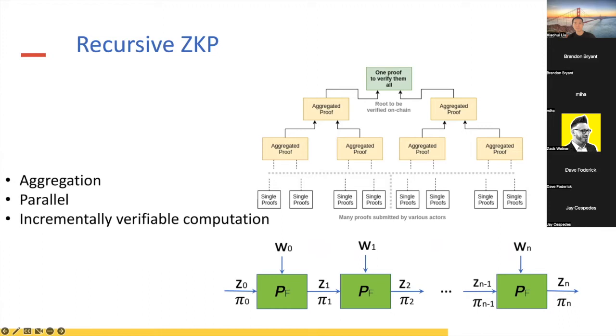So here's what I was going to ask. If we're looking at this and we're saying one proof to verify them all, right? In the analogy you just gave, the one proof to verify them all is going to be the last block. Yes, that's it. Okay. So if we know that to be true, then what we're saying is you can't verify the entirety of the blockchain in one pass.